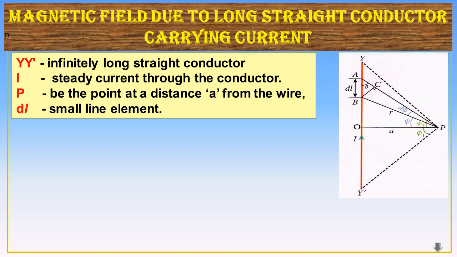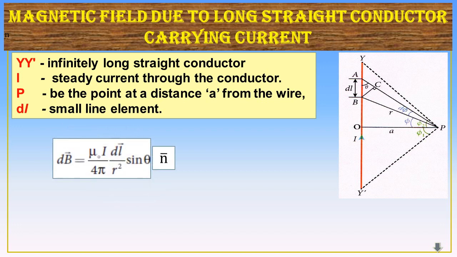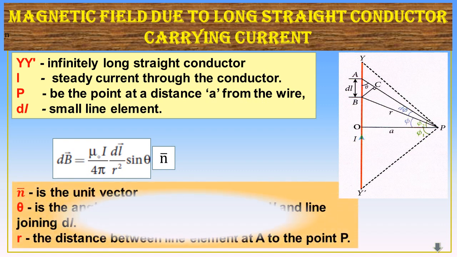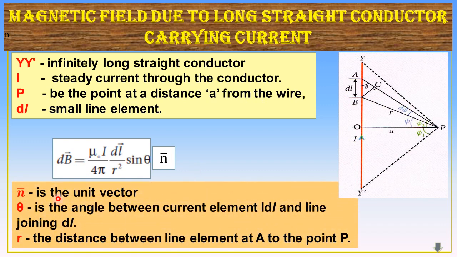Students, let us consider a small line element dL, and according to the Biot-Savart law which we learned in the last class, the magnetic field dB is equal to mu naught I dL divided by 4 pi r square into sin theta into n cap, the unit vector.